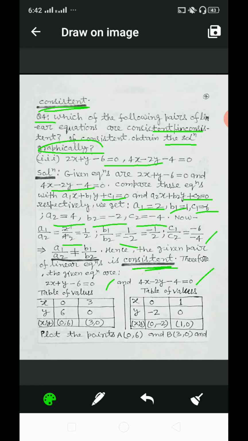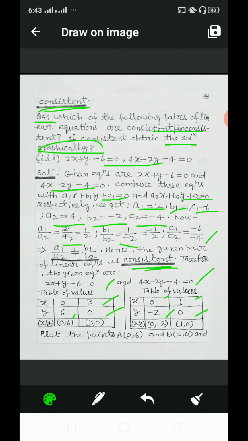Here, if we take x equal to 0, then y equal to 6, and if x is equal to 3, then y is equal to 0. For the equation 4x minus 2y minus 4 equal to 0, if x is equal to 0, then y is equal to minus 2. If x is equal to 1, then y is equal to 0.